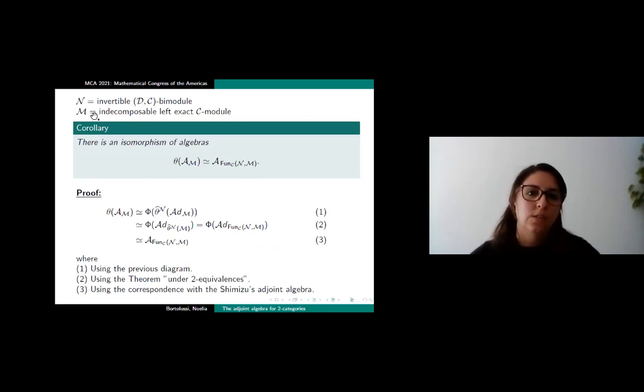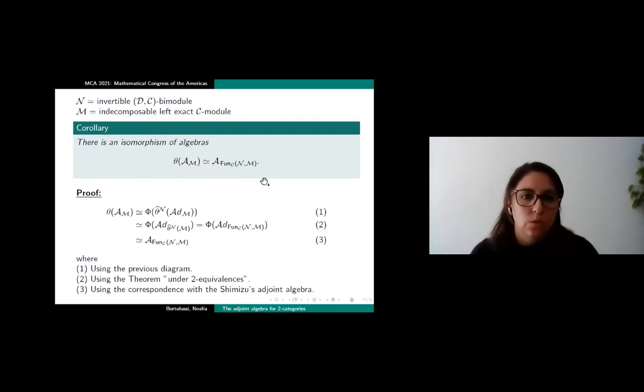Then you have an isomorphism of algebras like this. If you compute the Shimizu adjoint algebra and you apply this equivalence theta, then this is isomorphic to the Shimizu adjoint algebra of the C-module functors between N and M.